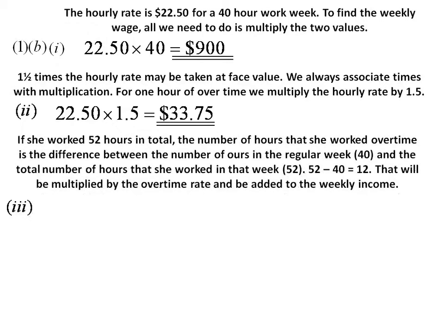We are told that the number of hours worked in a particular week is 52, and we need to know her wage for that particular week. What does that mean?